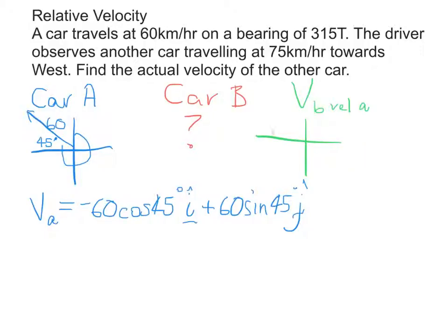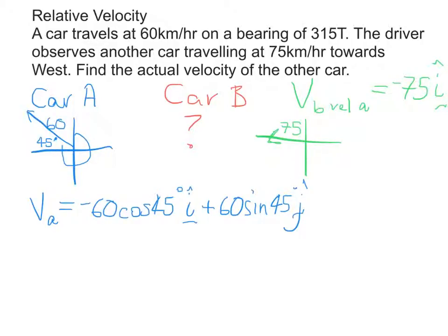So towards west is this way. And that's 75 kilometers per hour. So the velocity of B relative to A is equal to negative 75 i.